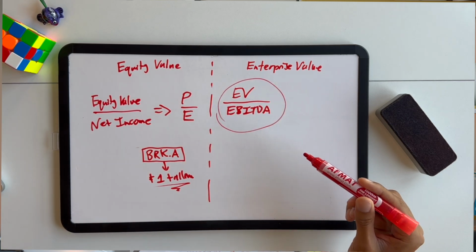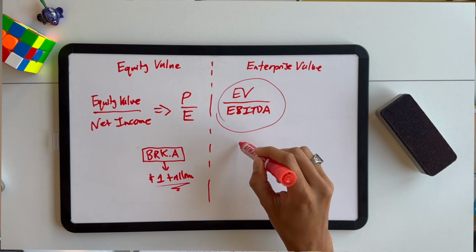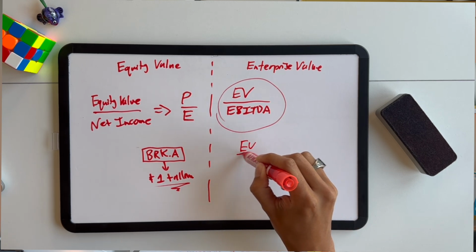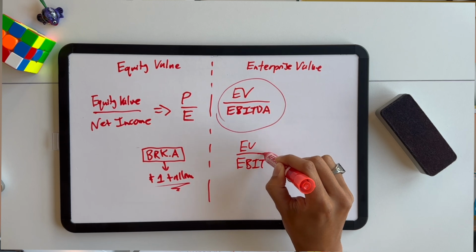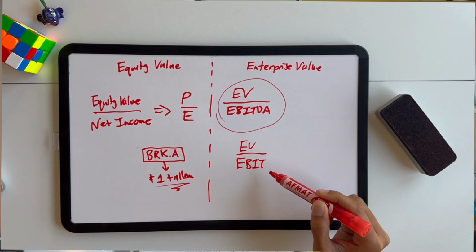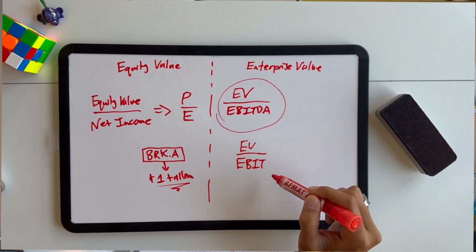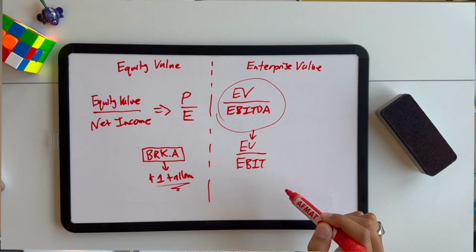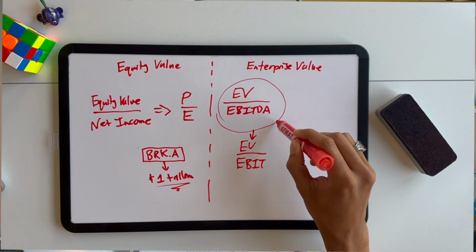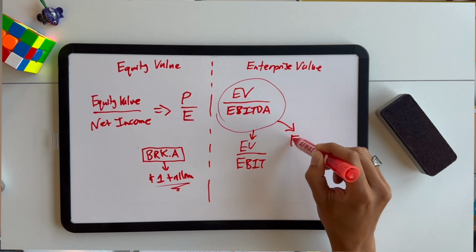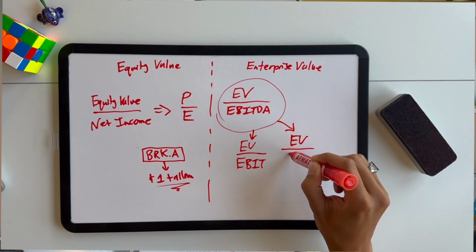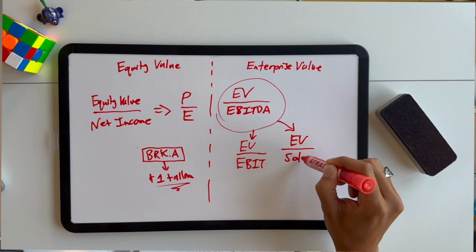A couple of variations on this metric I'll just mention. You can do EV to EBIT. So let's say you want to take into account depreciation and amortization, but not interest and taxes. You could use that version. You could also do something like this. Let's say that the business doesn't have EBITDA yet.